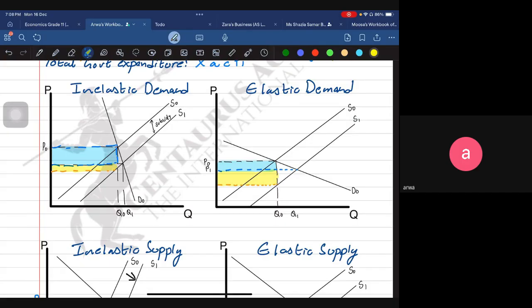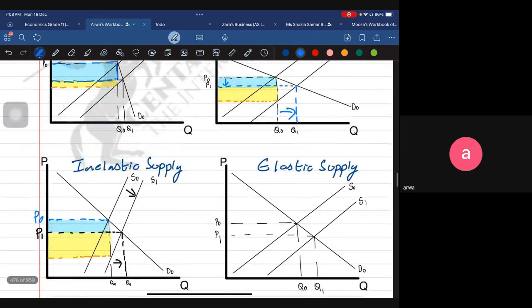Okay, so now once we have moved here, again this point is showing, you can see that this is the gap, and you see that the portion of the gain of the producer is less than the gain for the consumer, right?